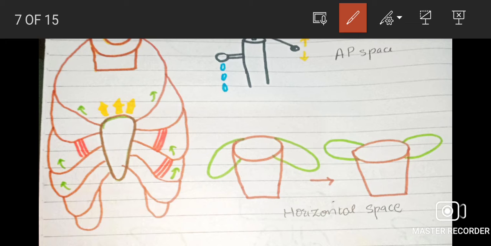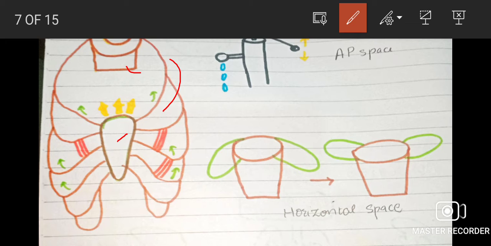Here is the illustration in which the chest cavity is drawn. Here behind is the vertebra, this is the sternum, and these are the ribs going from the vertebral column towards the sternum, and they slope downward.